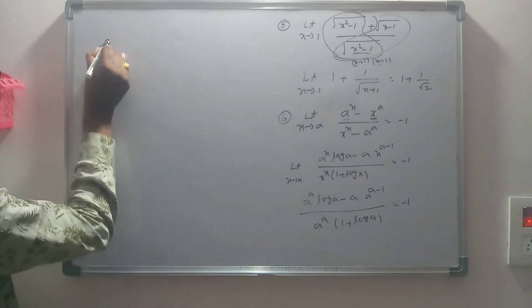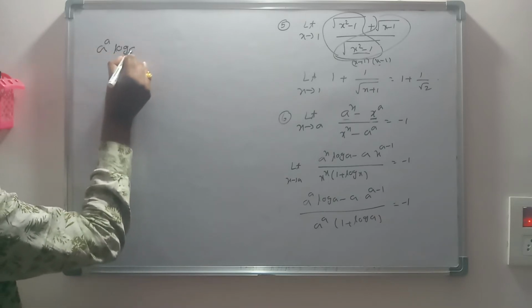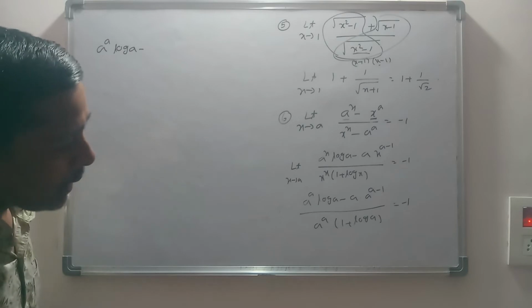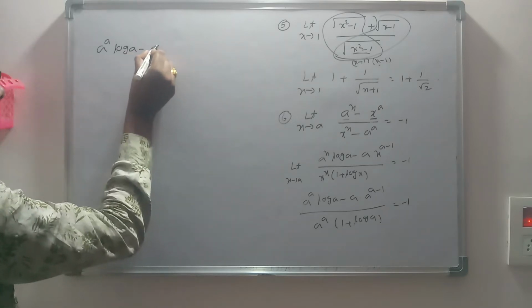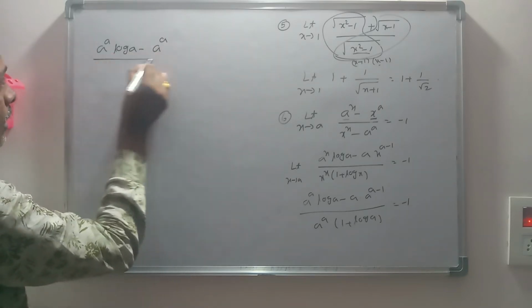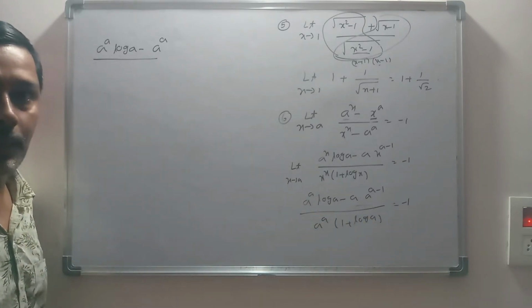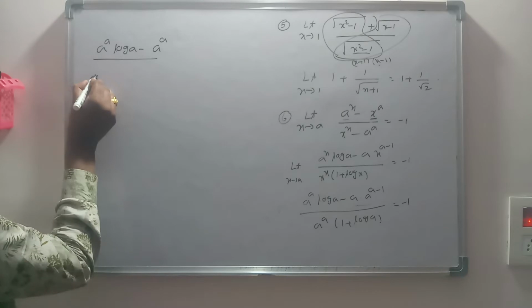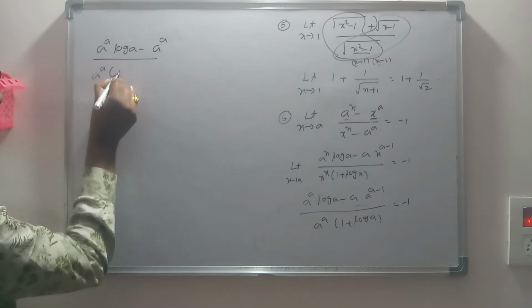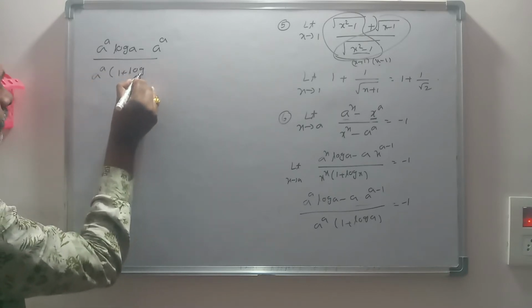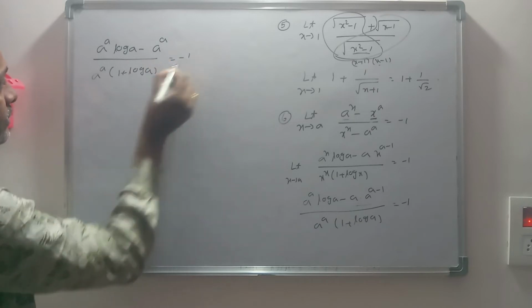In the numerator, a power a log a minus a into a power a minus 1 is nothing but a power a, since a power m into a power n is a power m plus n. What is the denominator? A power a into 1 plus log a, is equal to minus 1.